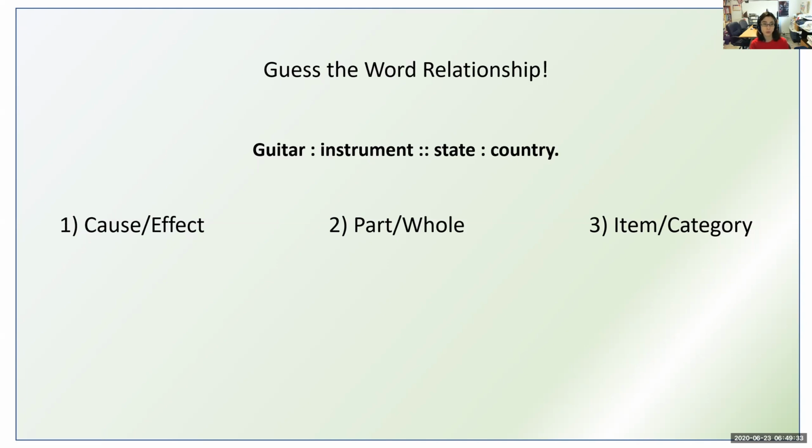Then write either cause-effect, if you think that one thing causes another effect, or part-whole, where guitar is a part of an instrument and state is a part of a country. Or you can write down item category, where guitar, which is the item, falls under the category of instrument, and state falls under the category of country. So whichever you think is correct, cause-effect, part whole, or item category is what you'll write on your paper. So you can pause your video and do that as needed.